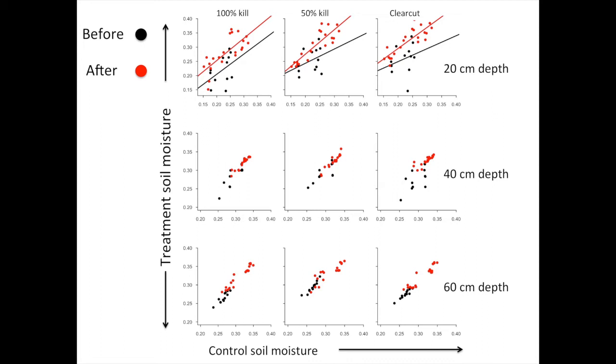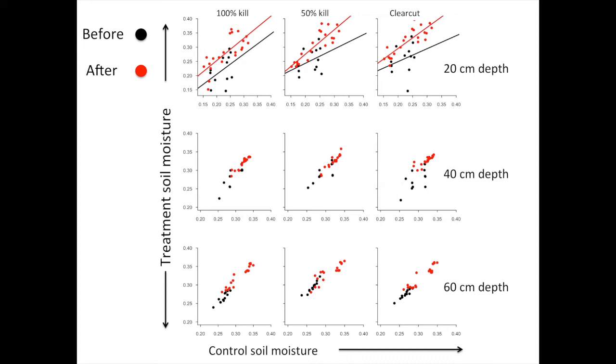In the y-axis we have the treatment, and in the x-axis we have the control conditions. We also have the before and after: the before, in black, represents before we applied any treatments, and the after, in red, once we applied the treatments. So what is the logic? Each of these points represents the mean of spatially distributed moisture in the stand.